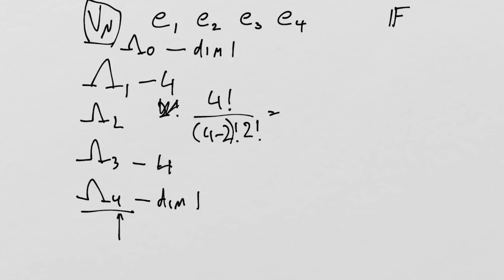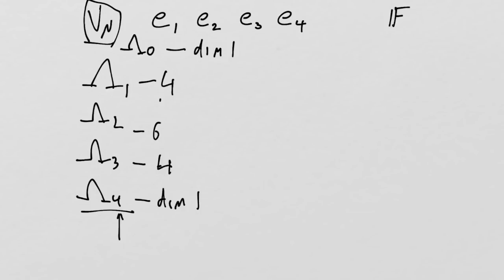So that is going to be 4 factorial divided by 2 factorial, 2 factorial, which is 4 times 3 divided by 2, which is 6, right? So this says dimension 6.